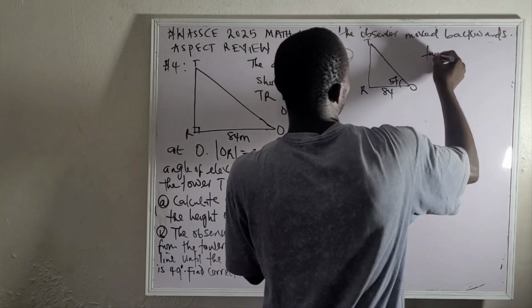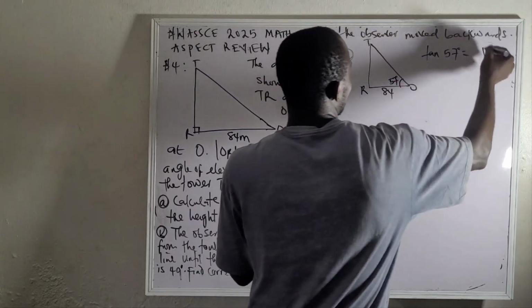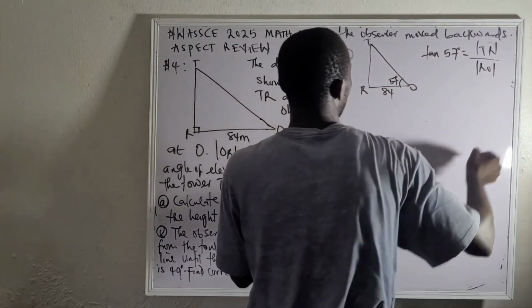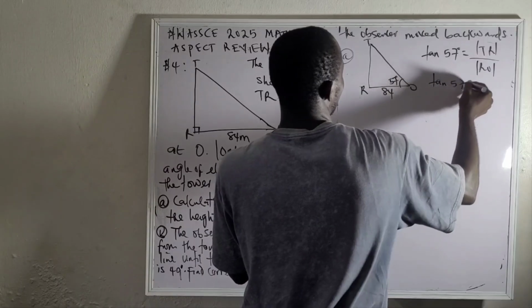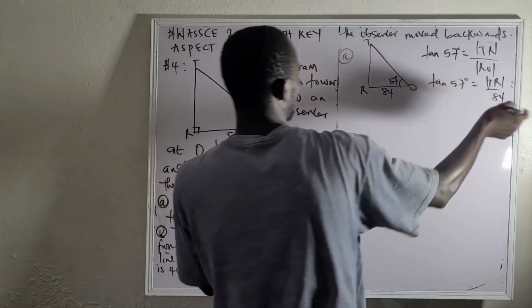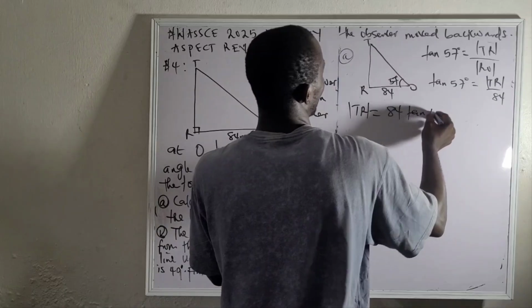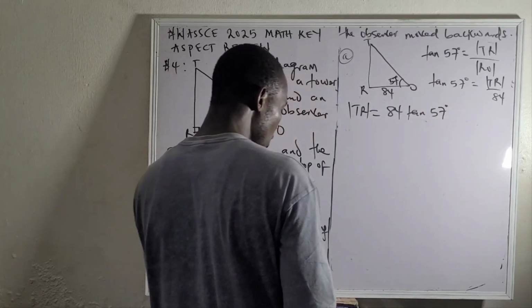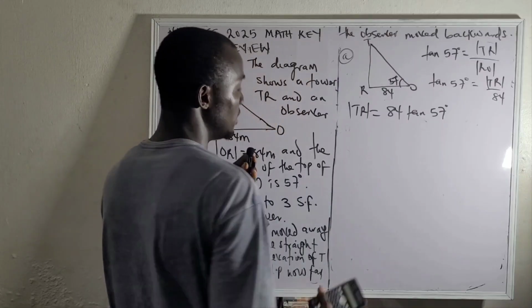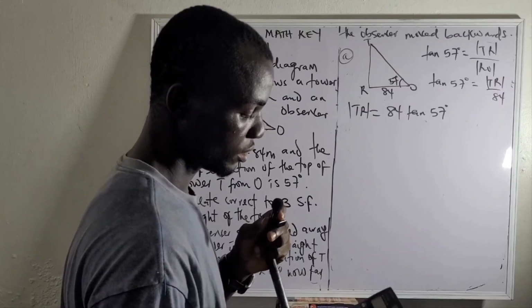Here we are going to have tan 57 degrees equals opposite, that is the length of TR, over adjacent, that is the length RO, such that tan 57 degrees equals TR over 84. If you cross multiply, your TR will be equal to 84 tan 57 degrees. So let me compute that using my calculator. This is going to be 84 tan 57.